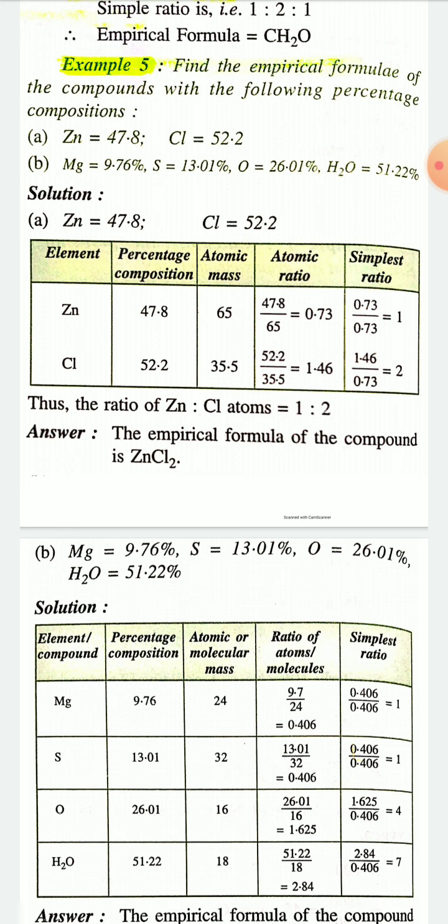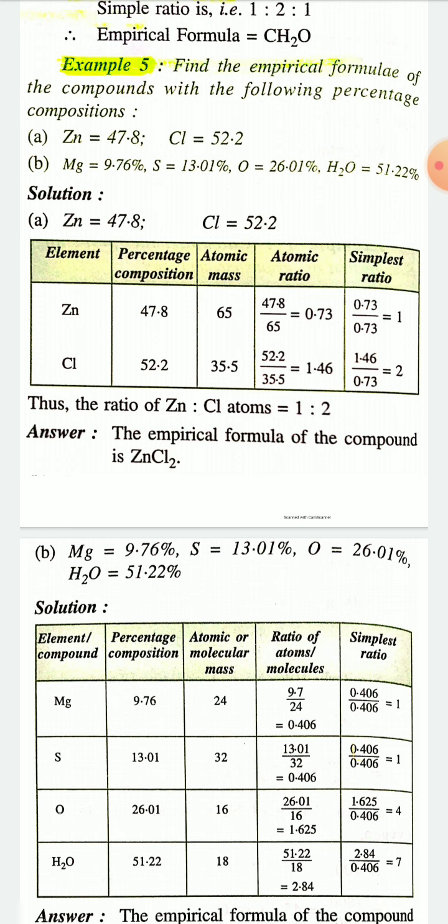Now we have to further simplify the ratio. Okay, to find the simplest ratio, you have to divide the atomic ratios of all elements by the smallest atomic ratio. So the atomic ratio of zinc is 0.73 and of chlorine is 1.46.